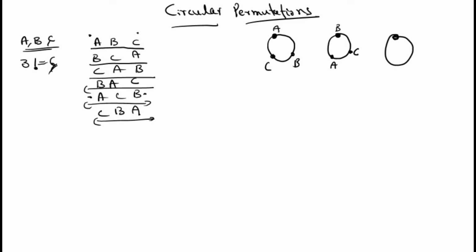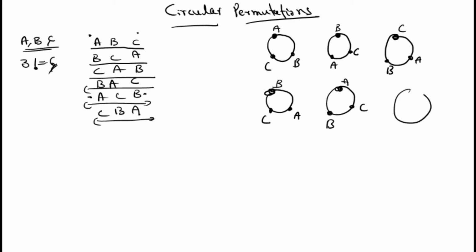Next, consider the other three arrangements. BAC: B, then A, then C. Then ACB: A, then C, then B. Then CBA: C, B, A. These are the possible circular arrangements.